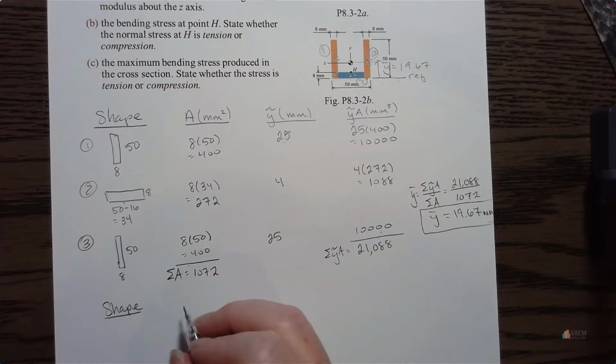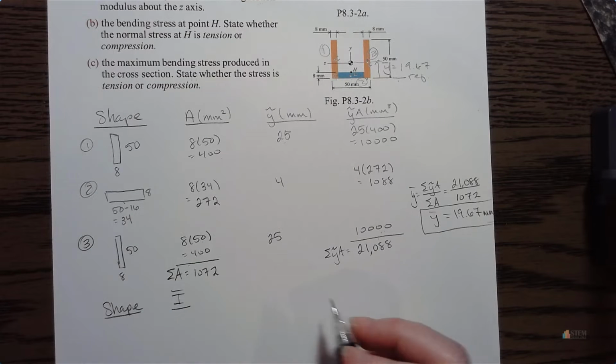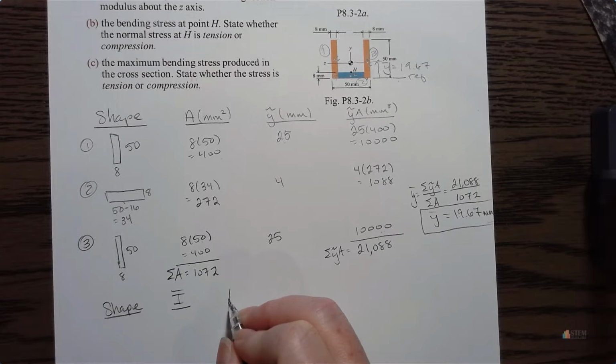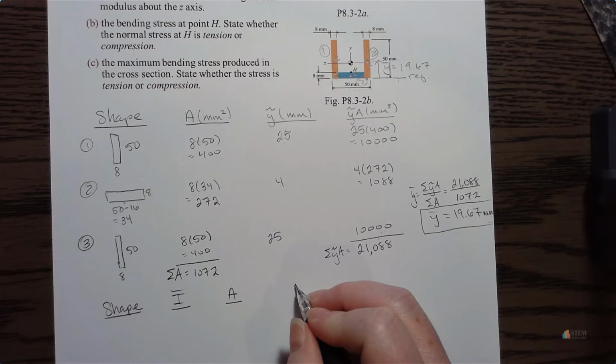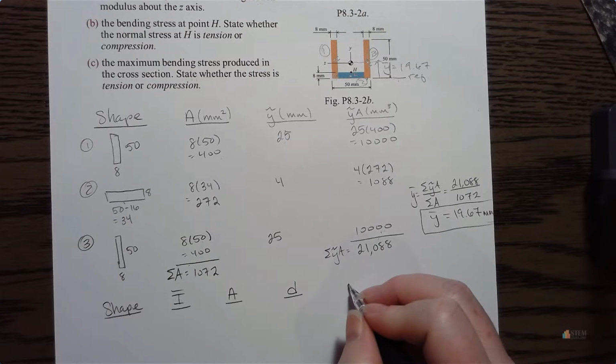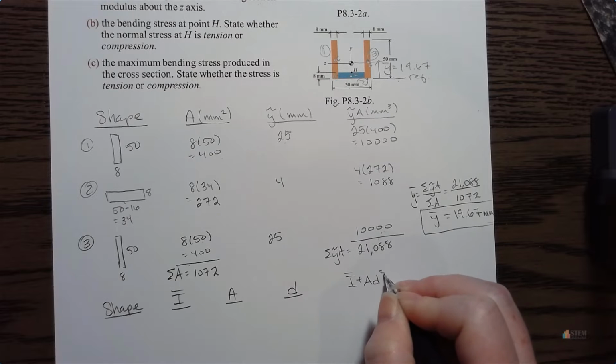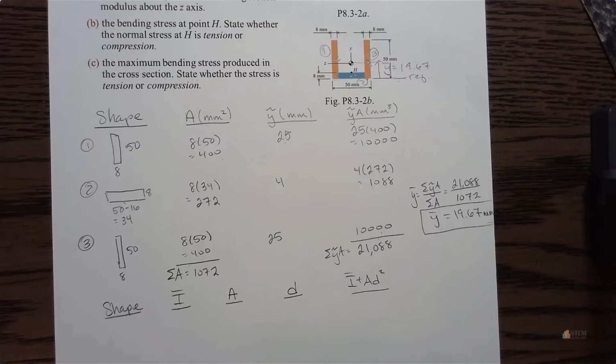So we got our shape, we're going to have the moment of inertia, and then we're going to have the area again, our distance d, and then we'll have the I plus AD squared for the parallel axis theorem. All right, so we're going to have the same shapes, so we can just bring those down. And then let's fill this out.